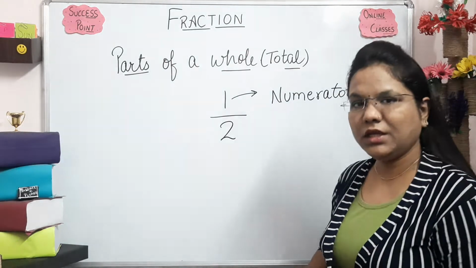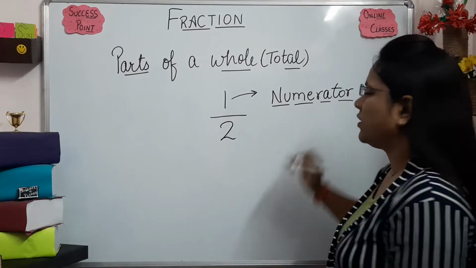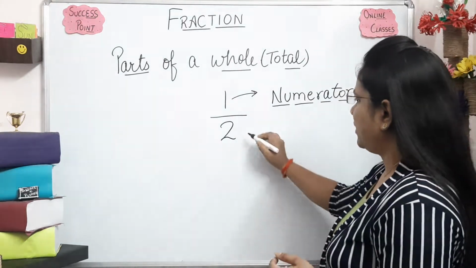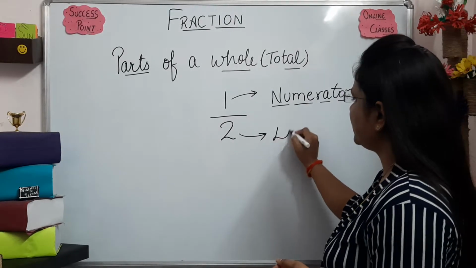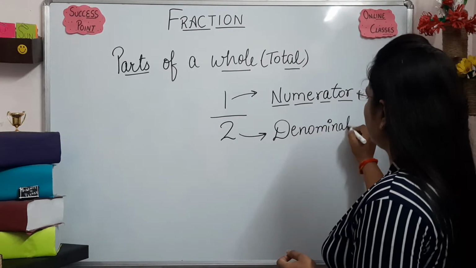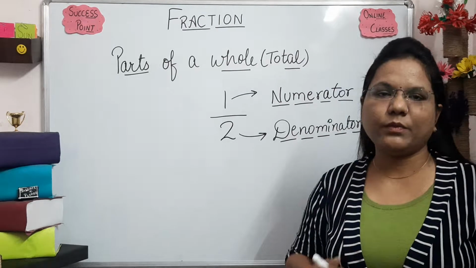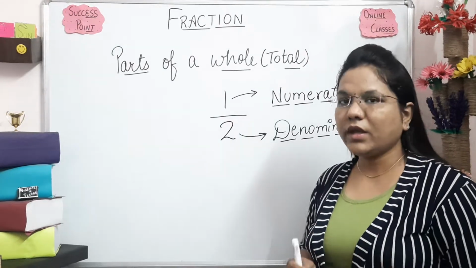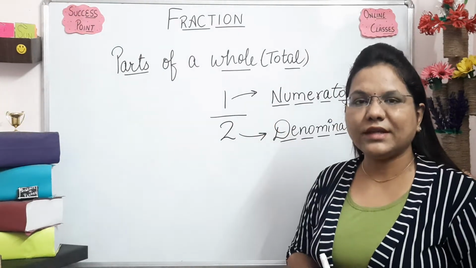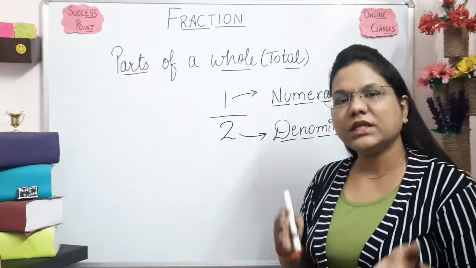Upper part will be numerator, and the down value we will call it as denominator. We can break the word and we can read it. So upper part we are calling it as numerator, and down value we will call it as denominator.